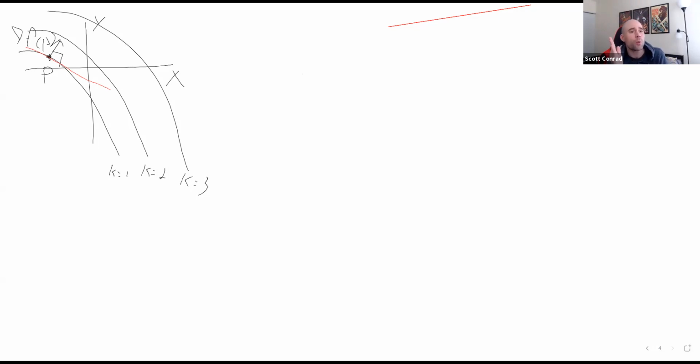But you also want to get away from the level curve you're on as fast as possible, because if you're on the level curve, then your function is the same. Well, the way to do that is to move in a normal direction to your curve, orthogonal to the tangent line. And that's exactly what the gradient does.